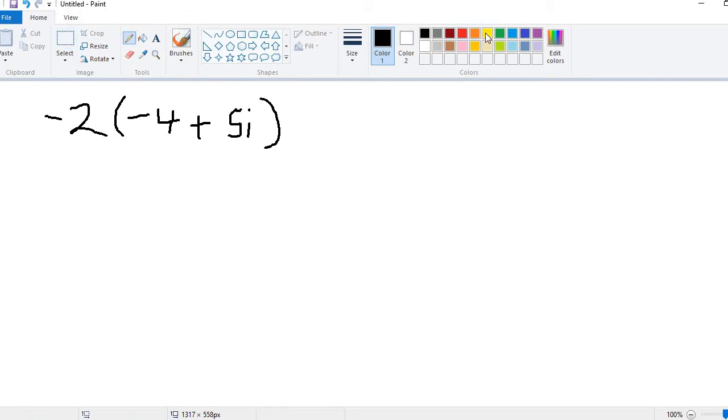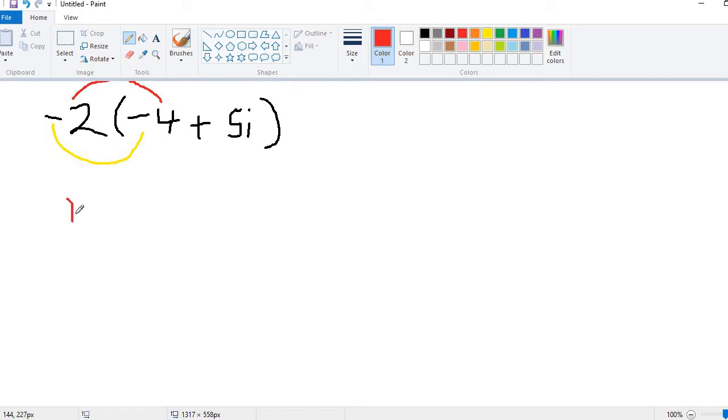Just gonna erase that, and then we go back to our pen tool. Let's select yellow. We have our negative times our negative, so our answer has to be positive here. Let's use a darker color. Let's use red. So -2 times -4, we get positive 8.